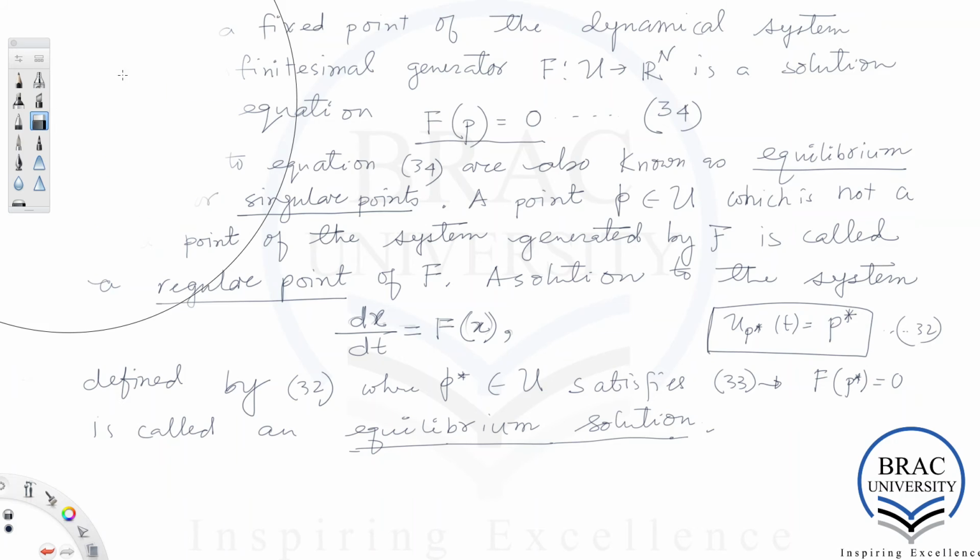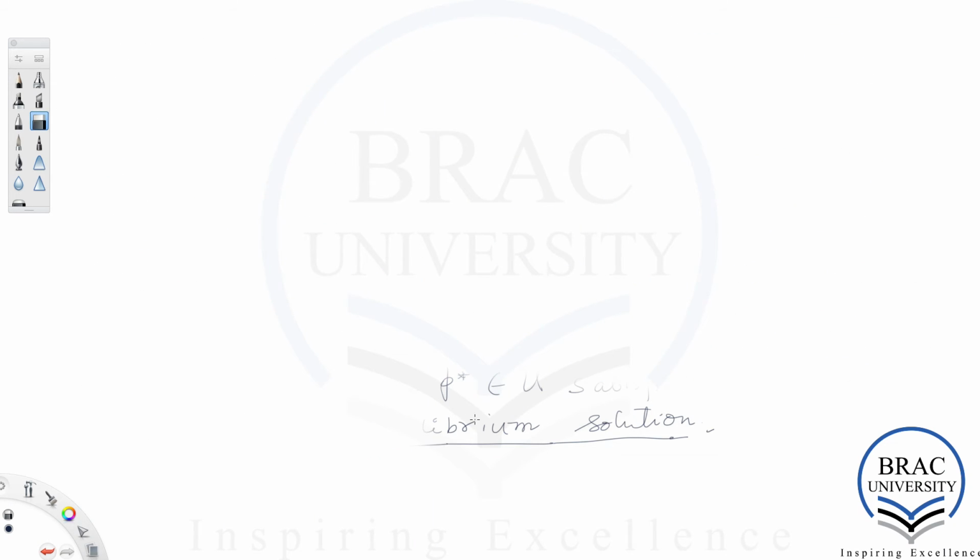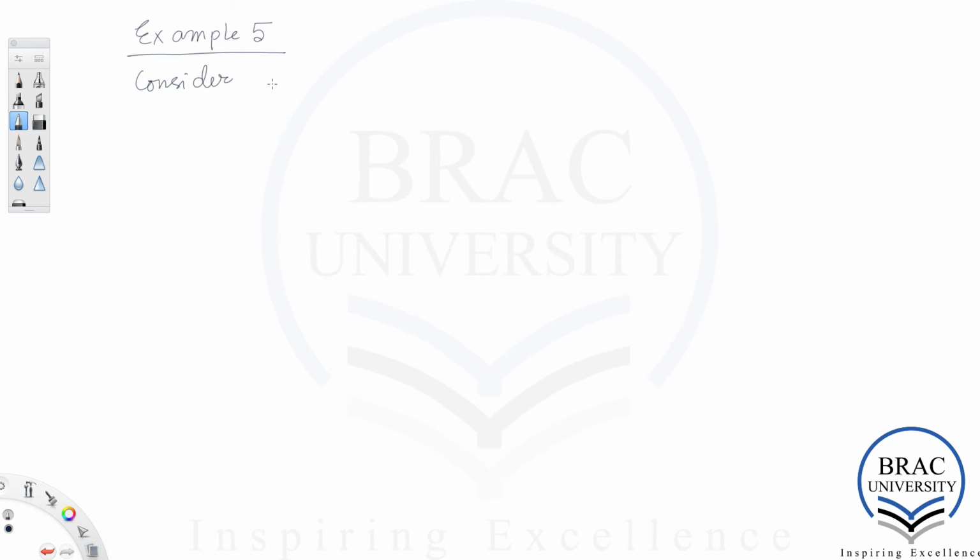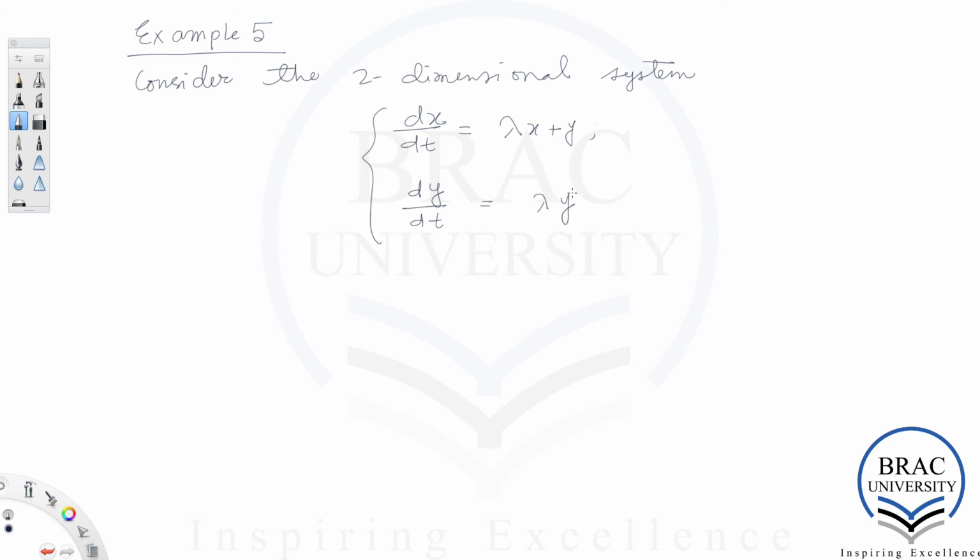Okay, an equilibrium solution. Now an example. I'll give an example now of fixed points. Last example of today's lecture. Consider the two-dimensional system given as follows: dx over dt is equal to lambda x plus y, and the other equation is given by dy over dt is equal to lambda y.